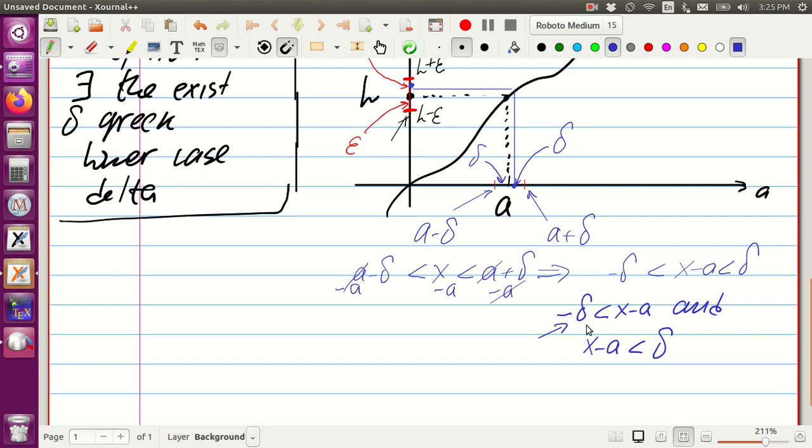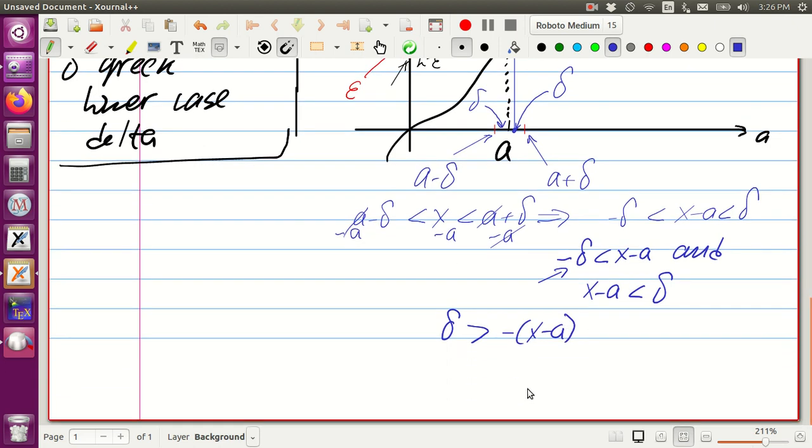And here, if you multiply by -1, we're going to get delta is greater than negative (x minus a). If we rewrite this, maybe this one first, I will reverse and write it: negative (x minus a) is less than delta. So this was the first part, and the second part says x minus a is less than delta.